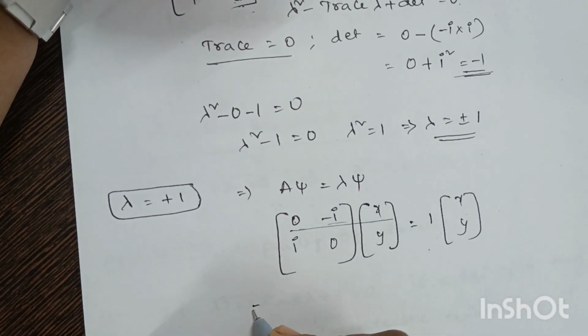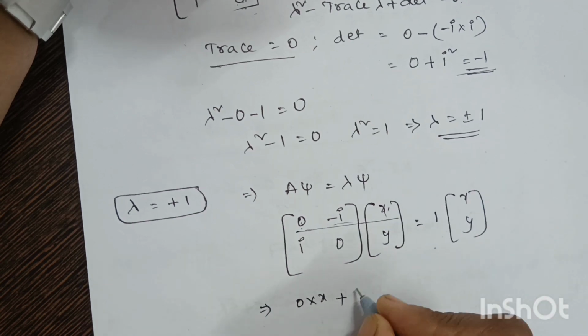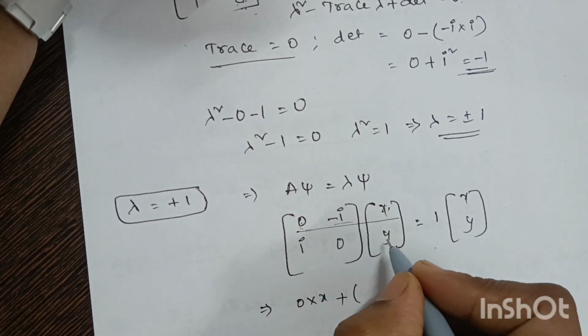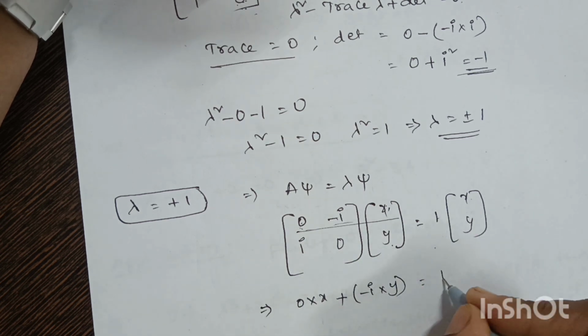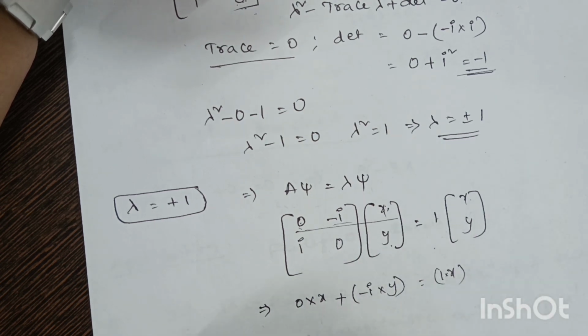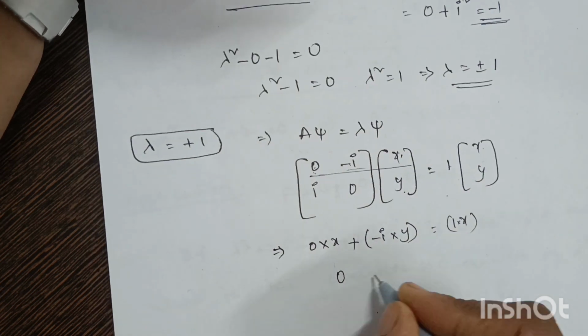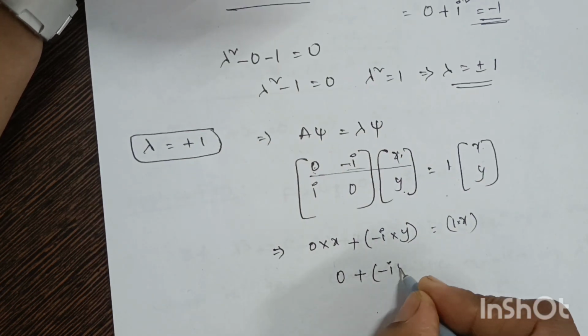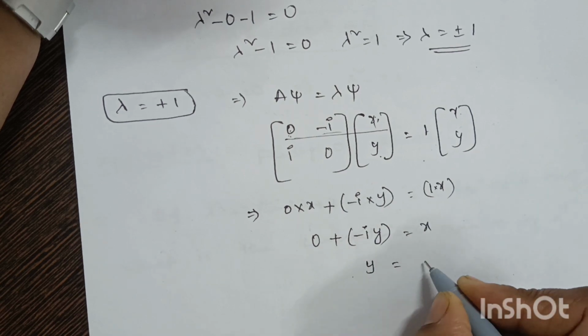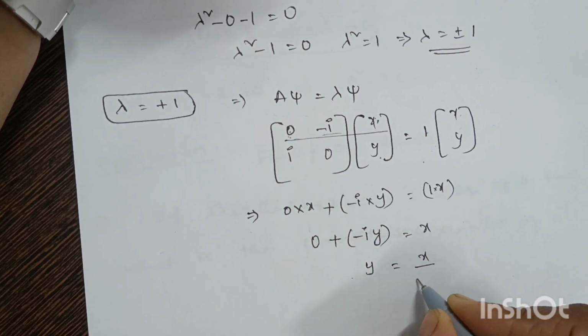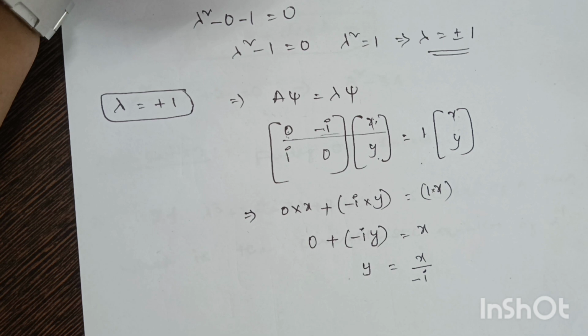First one is 0 into x plus minus I into y is equal to 1 into x. So minus iy is equal to x. So y is equal to x by minus I.